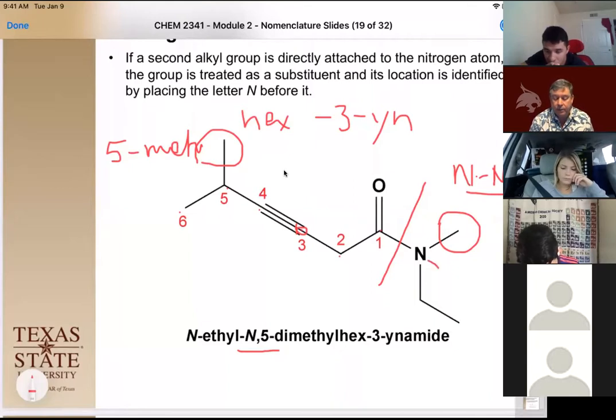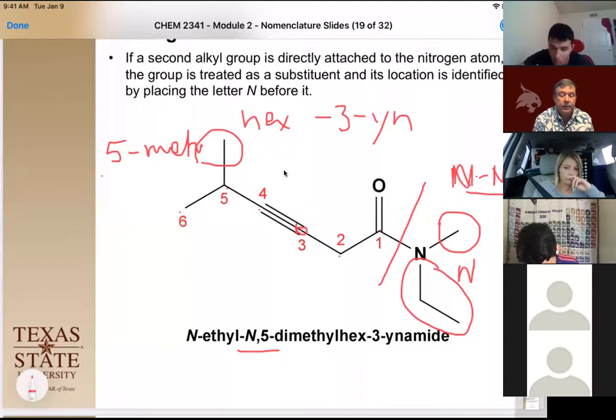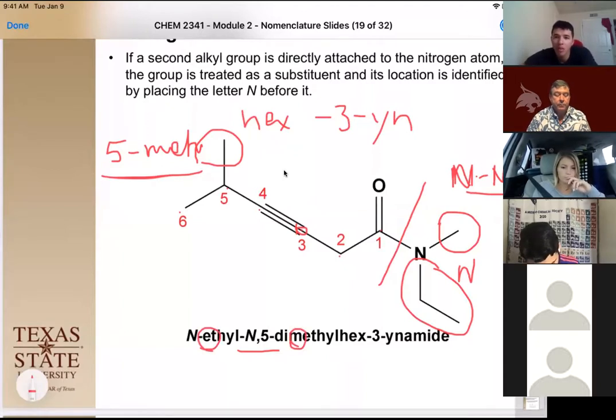So we have an ethyl group on the nitrogen, so that'd be N-ethyl, N-methyl, 5-methyl. So ethyl comes before methyl alphabetically.